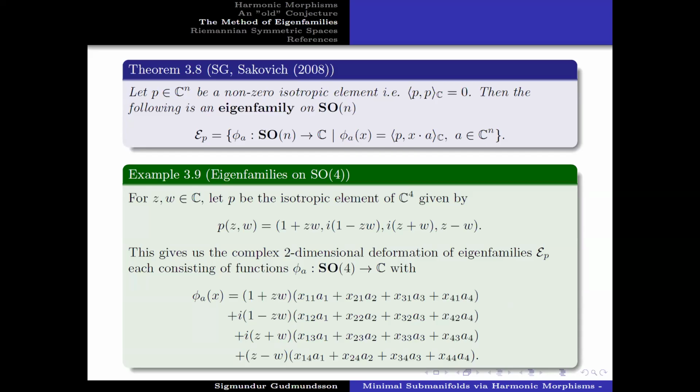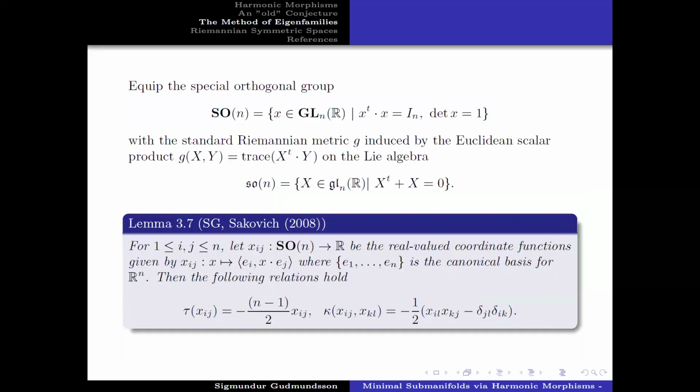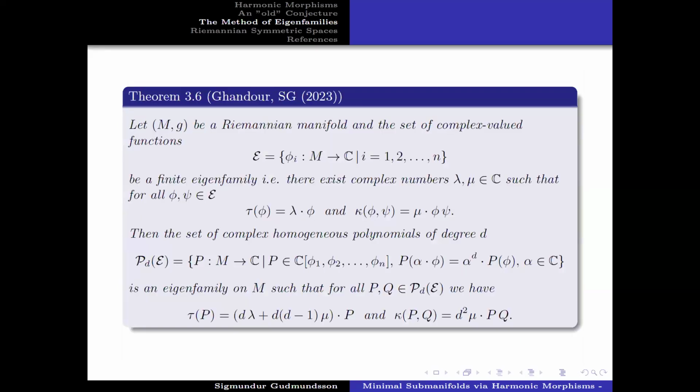Maybe I'm wrong, but in your examples, the corresponding eigenvalue of your eigenfamilies is always the smallest positive eigenvalue in the spectrum. Is this true? I don't know.